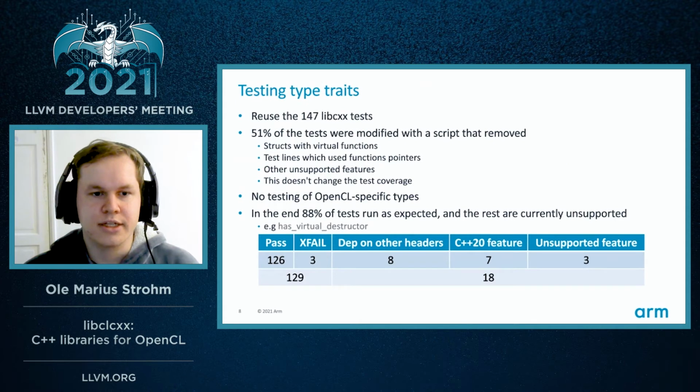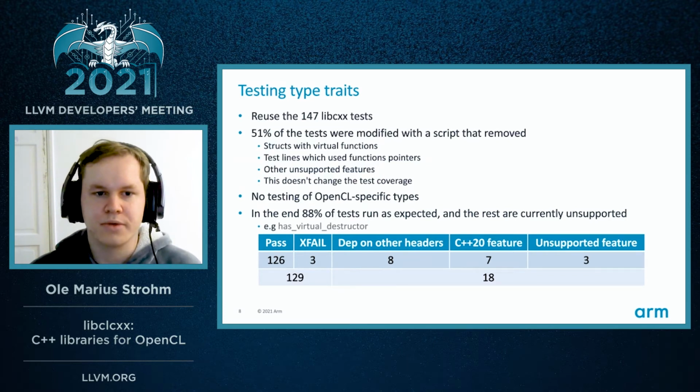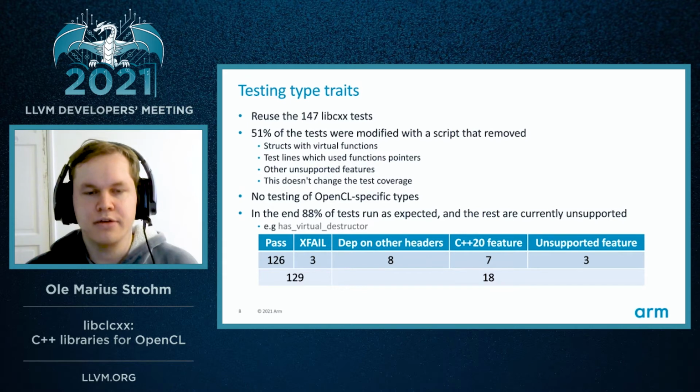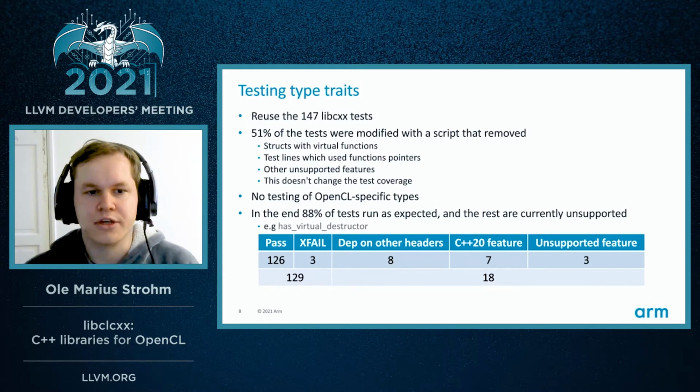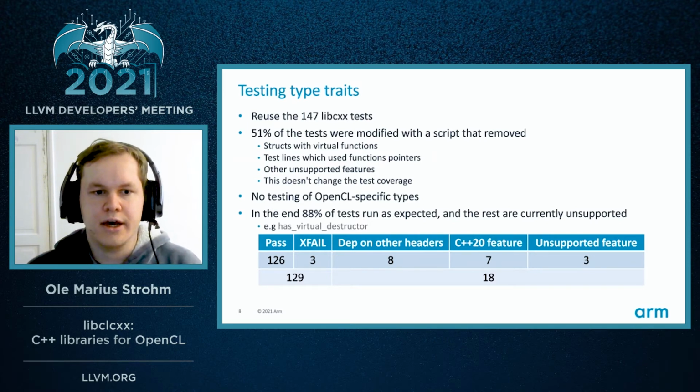For testing type traits, I wanted to reuse the existing libcxx tests. About half these tests work without any modification at all, and the rest were modified with a script that removed common things like structs with virtual functions or test invocations with function pointers, and other unsupported features.